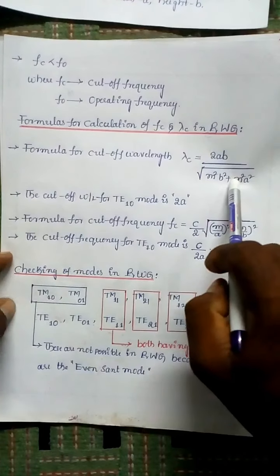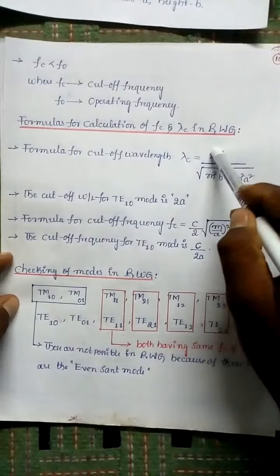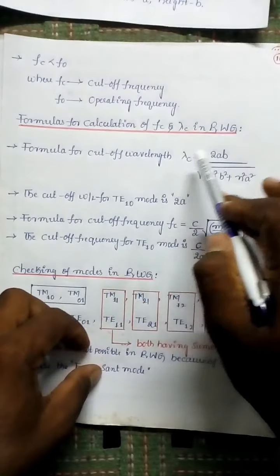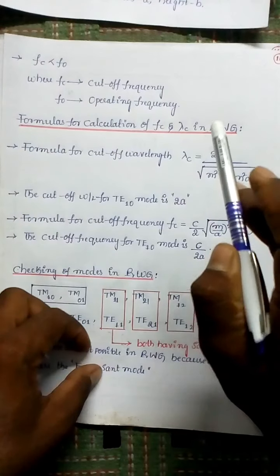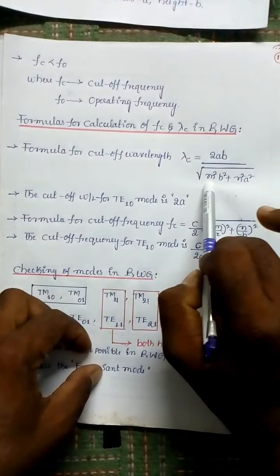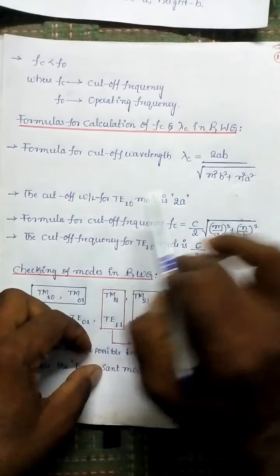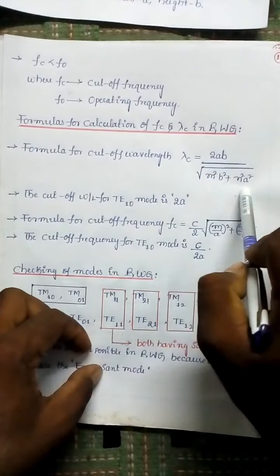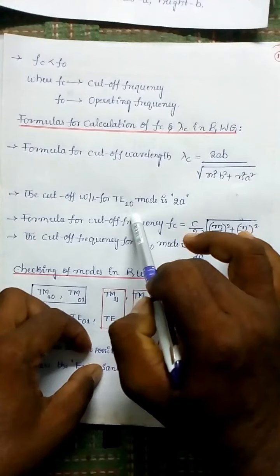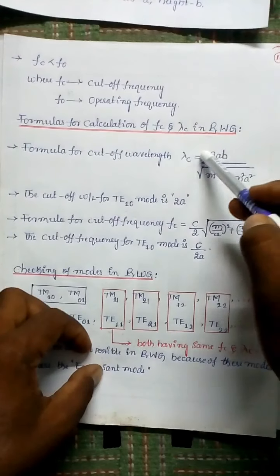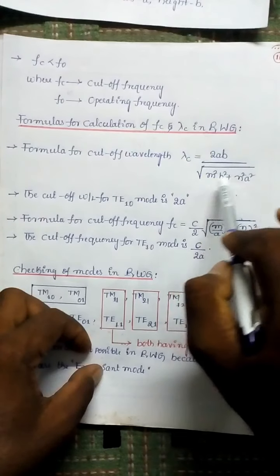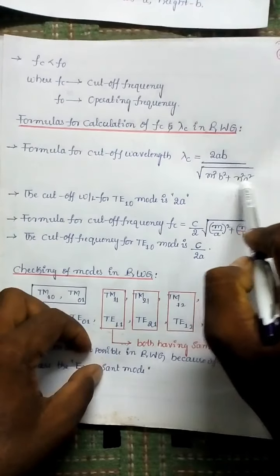Next, the cutoff wavelength for the TE10 mode. In the equation, in place of m substitute 1, and in place of n substitute 0. So we get 2ab divided by the square root of 1 squared times b squared plus n squared, and the n term is 0.